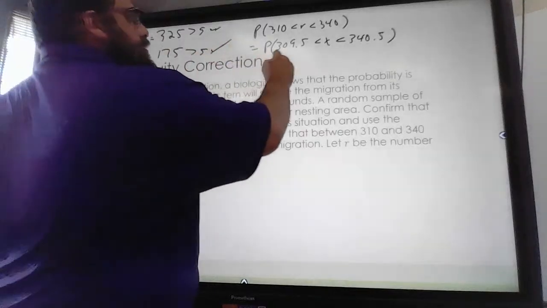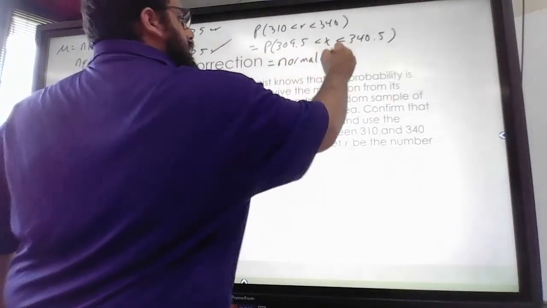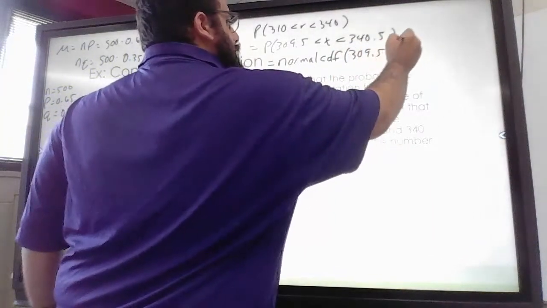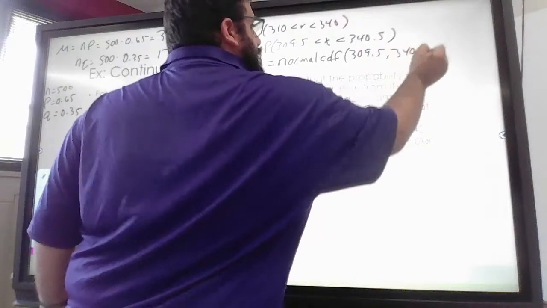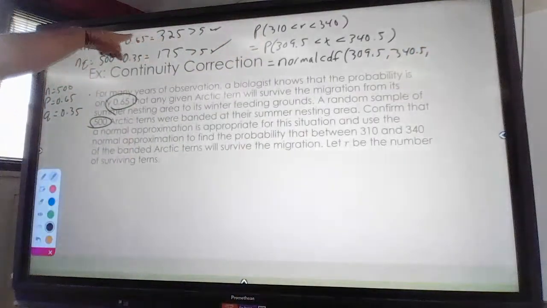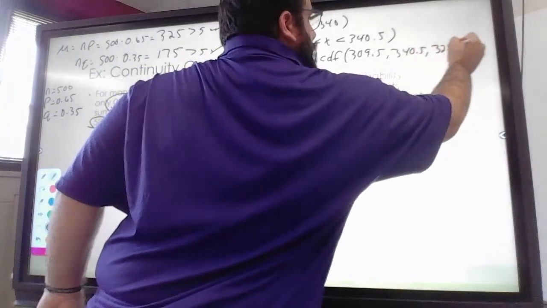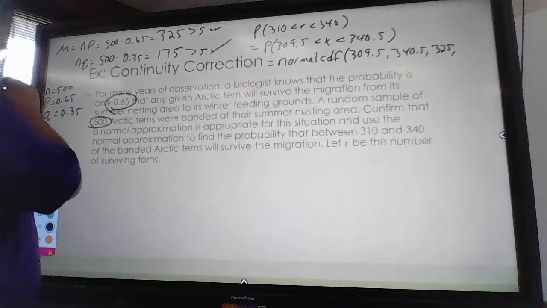So we're going to set up our normal CDF. My lower bound is 309.5. My upper bound is 340.5. Our mean, np, is 325. We need to find our standard deviation. That's the square root of npq.